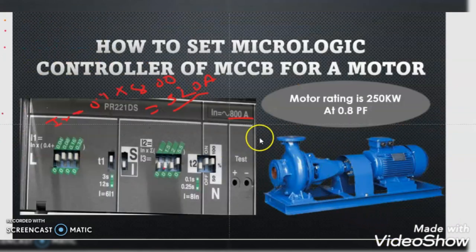So whenever the motor takes more than 544 ampere, for the motor it is an overload current, but for the circuit breaker it is not. Then the circuit breaker will not trip, and this overload current will continuously flow through the motor, and it will break the insulation of the winding, and your motor will be damaged.